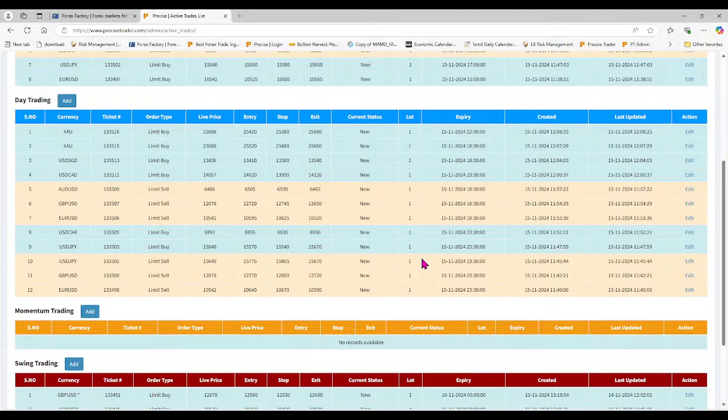In fact, yesterday the news trading was one of the fantastic days. I don't know how many of you were taking part in this. I think we managed to do more than 2% from yesterday's trade. That's why we are looking at this.